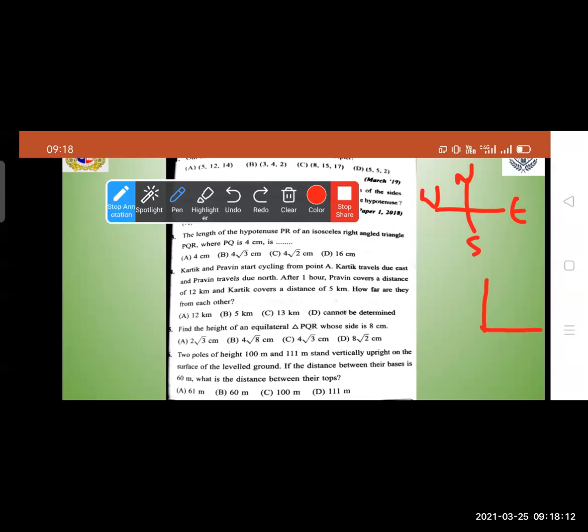After 1 hour, Parveen covers a distance of 12 kilometer and Karthik travels a distance of 5 kilometer. Okay, then how far are they? So join this and apply Pythagoras theorem here. So 144 plus 25, that is 169. So the square root of 169 is 13.